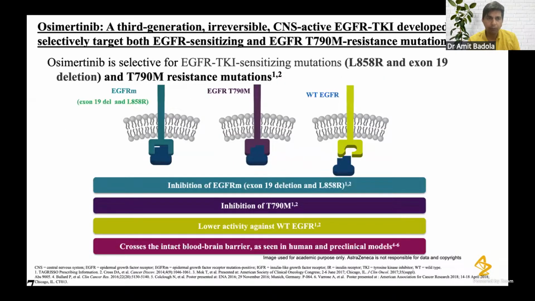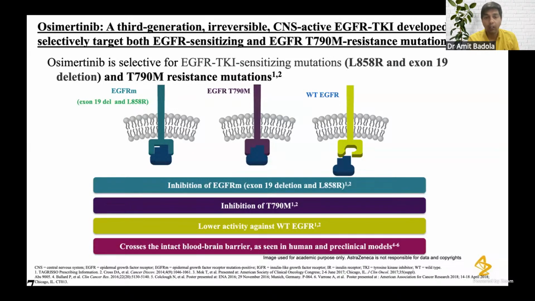Talking about osimertinib, it is a third generation irreversible CNS-active EGFR TKI, which acts not only on the EGFR mutations, exon 19 and exon 21, but also on the resistance mutation, EGFR T790M. It does not act on the wild-type EGFR receptor, but it acts really well on exon 19 and L858R.